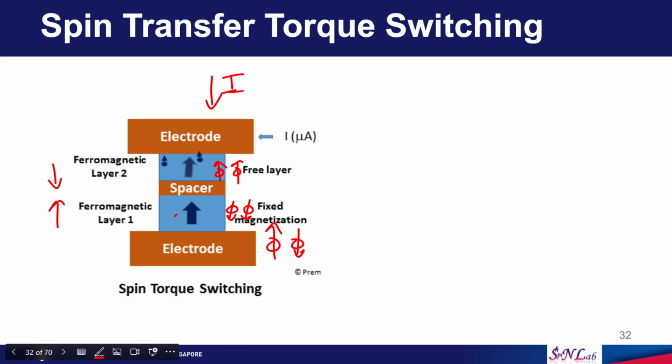So, when these spin up electrons go, they will exert a torque on this layer, just like the rotating wheel passed a torque to the person who was sitting on the stool.